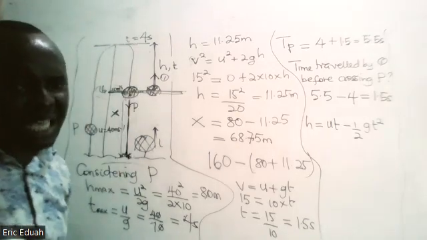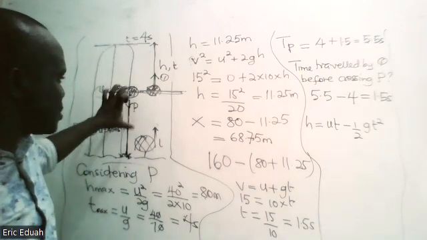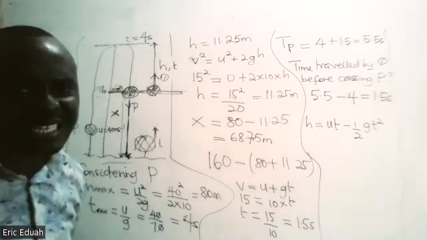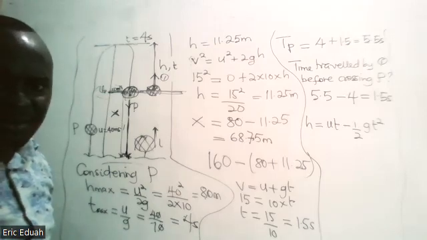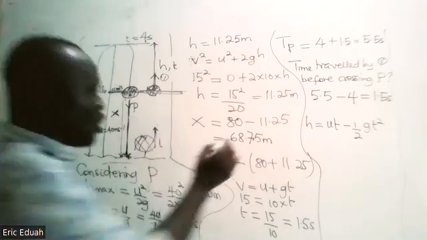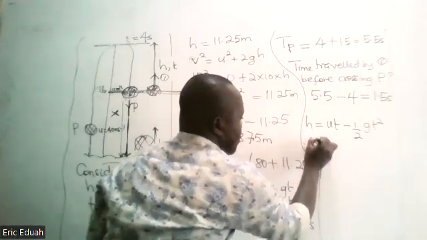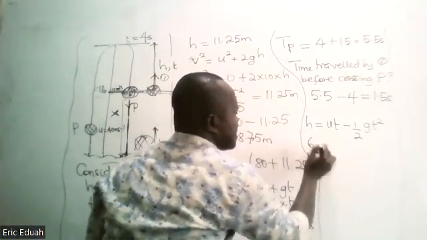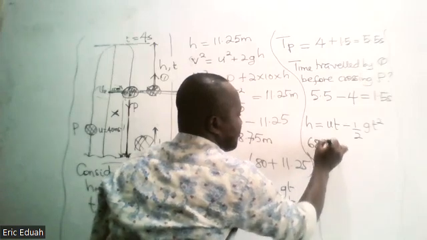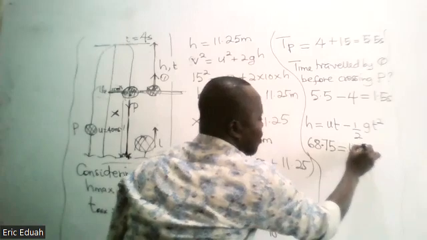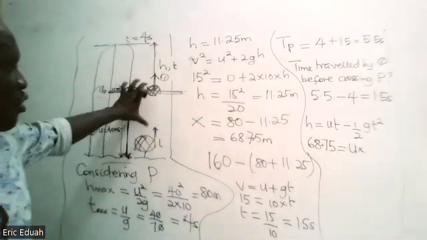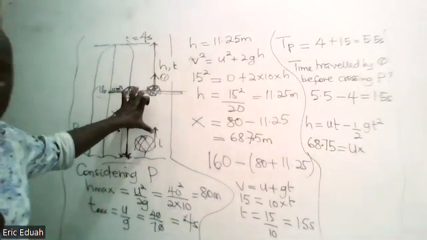At the point where the two particles cross, Q had traveled a distance of 68.75. So 68.75 is equal to U times the time.